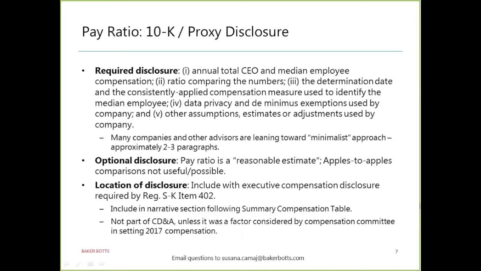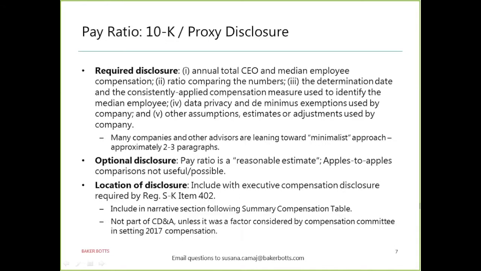One thing to bear in mind if you're going to provide supplemental or additional ratios is once you provide extra information, you become locked in later on for future years in preparing that disclosure, and so it can raise questions later on if you were to stop providing supplemental information.